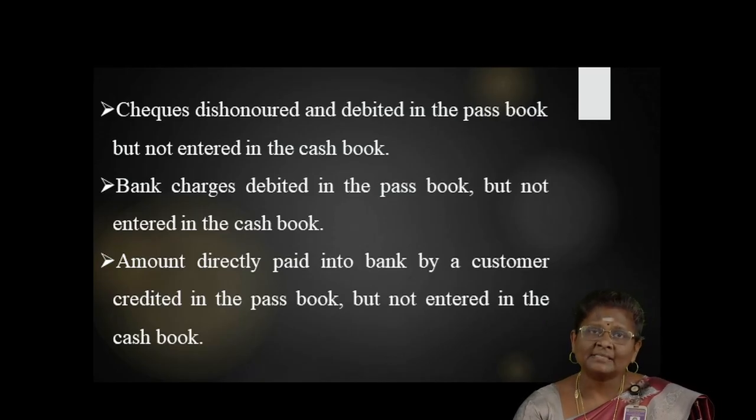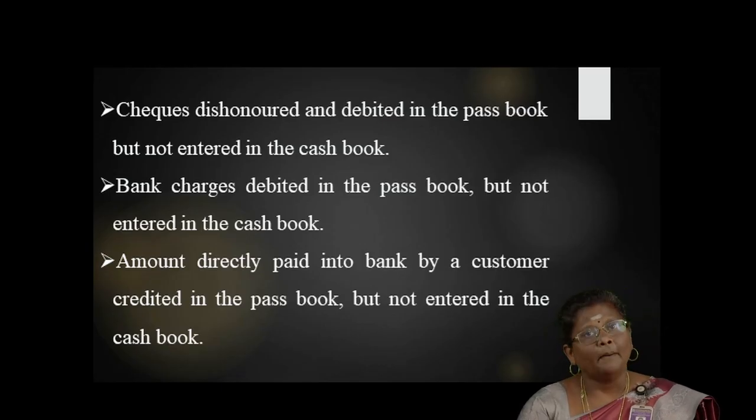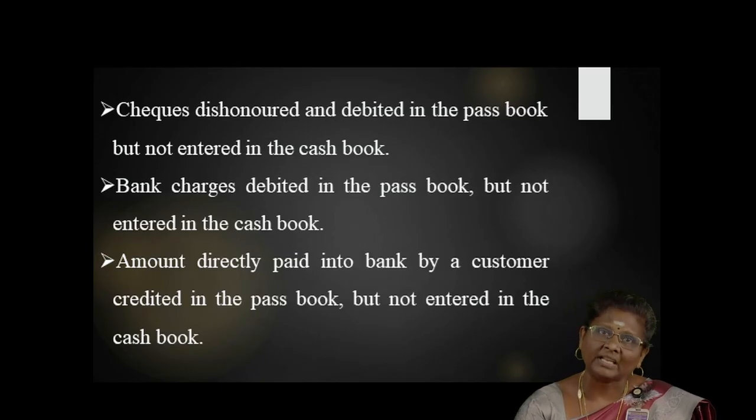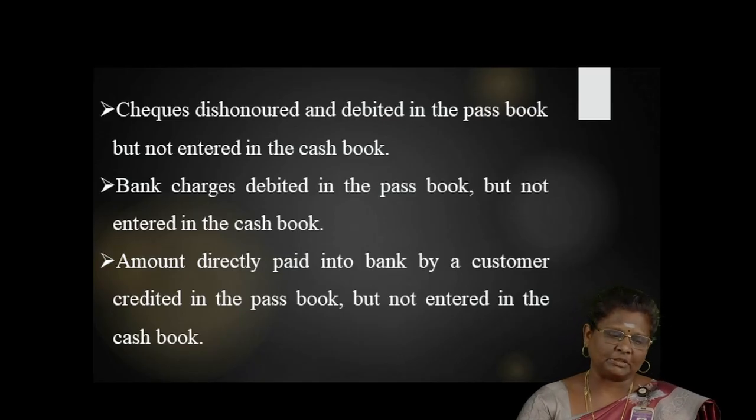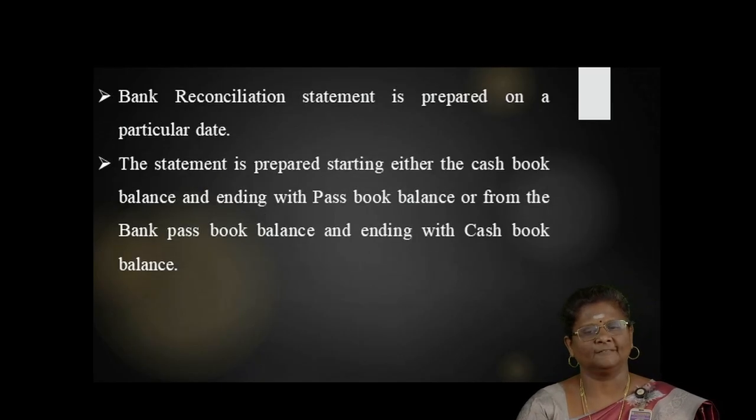In that case, our account is credited with that rupees 10,000, but the entry is not made for that 10,000 in our cash book. So in that case also there is some difference between the cash book and the passbook.